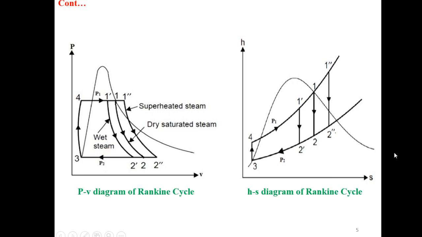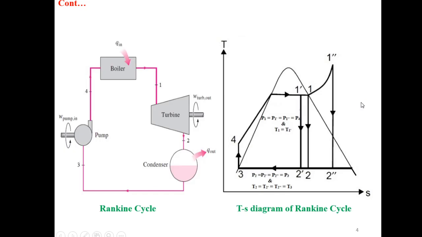Then draw two pressure lines, 4 1 dash line, 1 double dash line and 3 2 double dash line. Now in order to plot the points 1, 1 dash, 1 double dash, 2, 2 dash, 2 double dash, 3 and 4, we will discuss these in a later section.